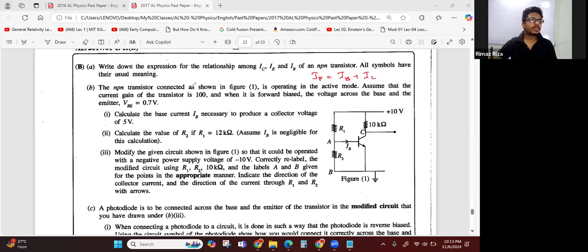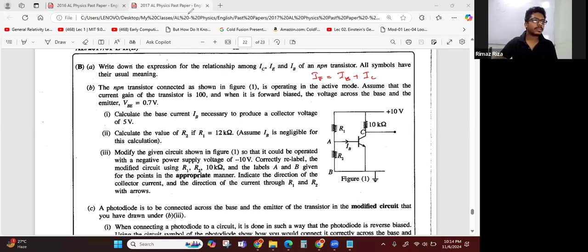The NPN transistor connected as shown in figure 1 is operating in the active mode. So the BE junction is forward biased. Assume that the current gain of the transistor is 100. This is common emitter configuration.